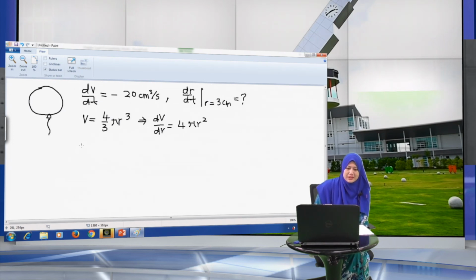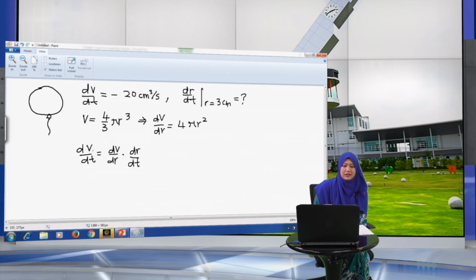Now the question needs us to find dr/dt. So we need to write the chain rule. dV/dt equal to dV/dr times dr/dt. Okay, dV/dt is given, negative 20. dV/dr is 4 pi r square, times dr/dt.